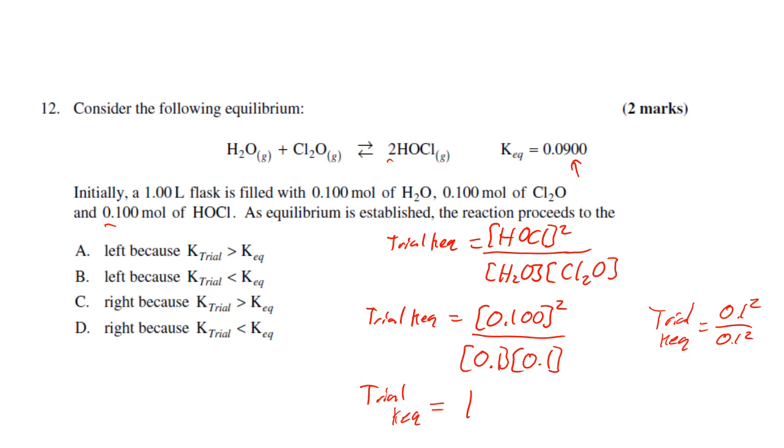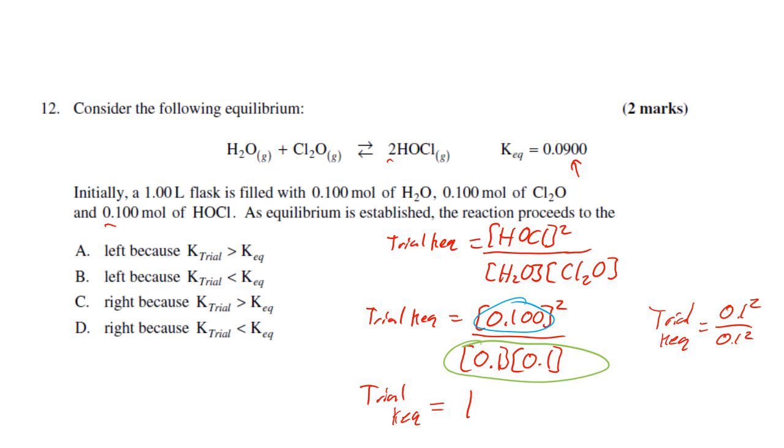That number is way bigger than KEQ, like a lot bigger. So this number needs to become smaller. So in order to become smaller, we need to make these numbers right here bigger in value, or we need to make this number right here smaller in value.